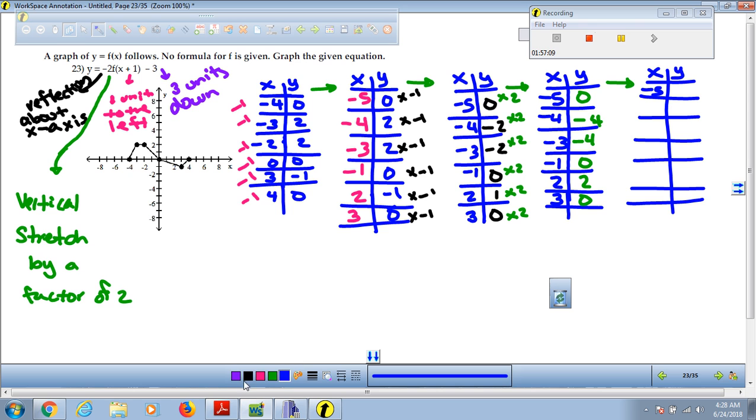So here, what we're going to do is subtract 3 from every y. -3, -7, -7, 3, -1, and -3.